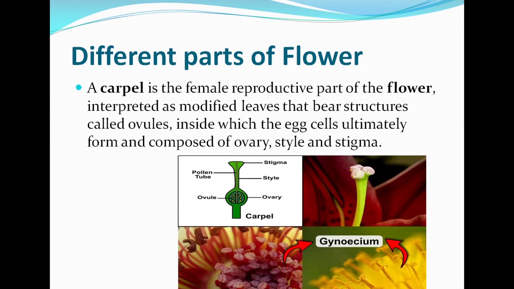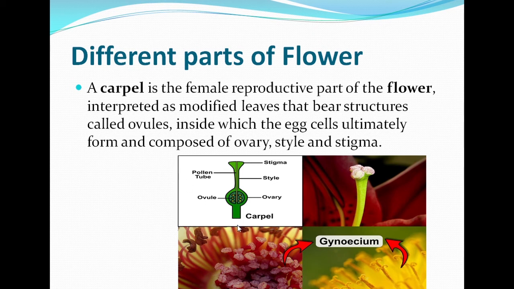Now, carpel. A carpel is the female reproductive part of the flower, interpreted as modified leaves that bear structures called ovules, inside which the egg cells ultimately form, and composed of ovary, style, and stigma.